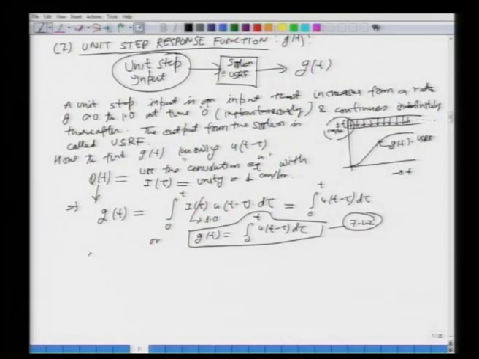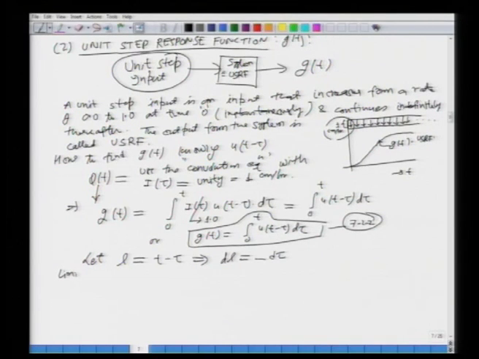To do that, you say that let some new variable L be equal to t − τ. So, what is dL? dL will be equal to −dτ, because you are integrating with respect to tau here. So, your dL is equal to minus dτ.